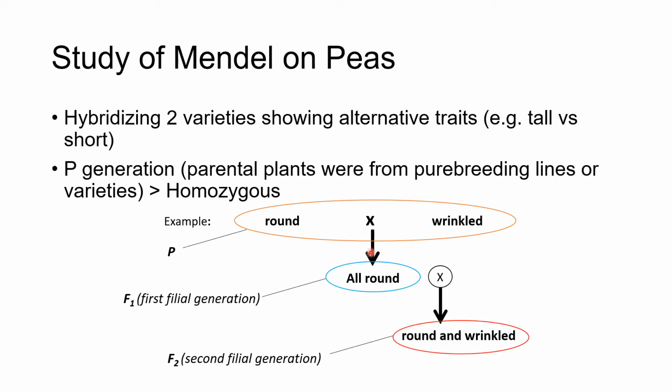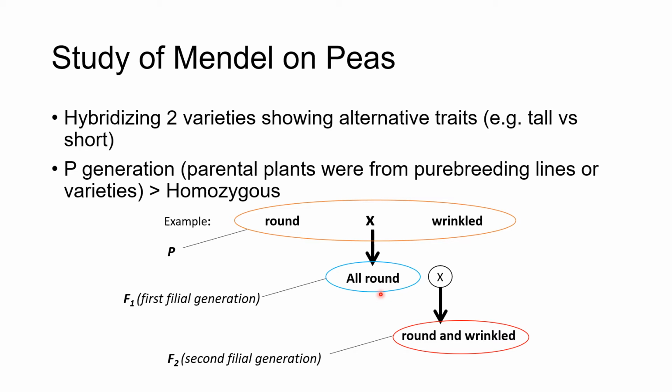Okay, inuulit ko. Since purebred lahat to, when we say pure breeding, homozygous lahat, homozygous yung mga parent plant, then one of its experiment, si Mendel, krinos niya yung round na pea plant doon sa wrinkled na pea plant, and then yung kinalabasan is all round lahat sila based on the definition of dominant allele.